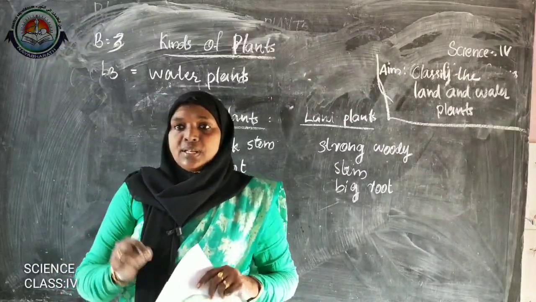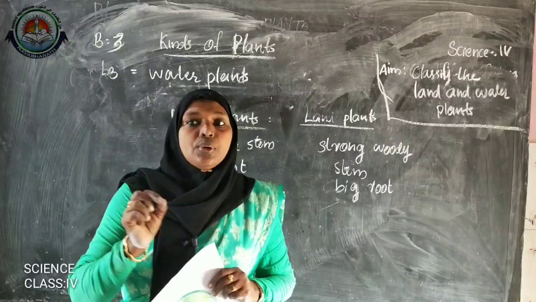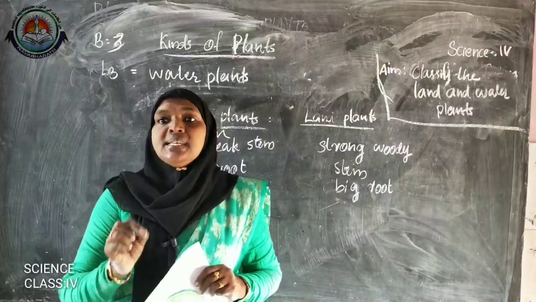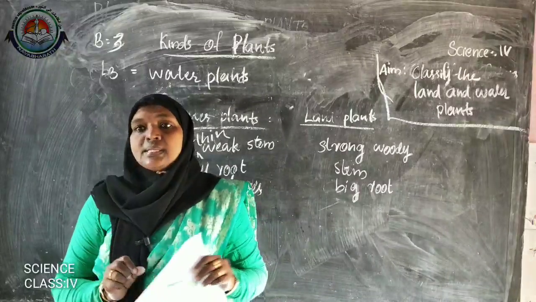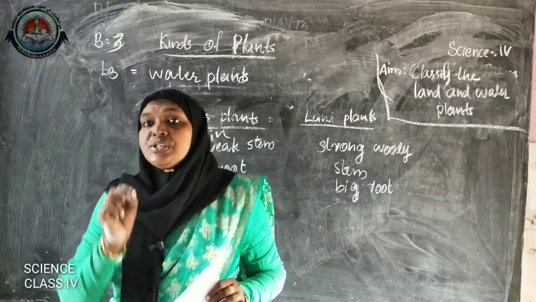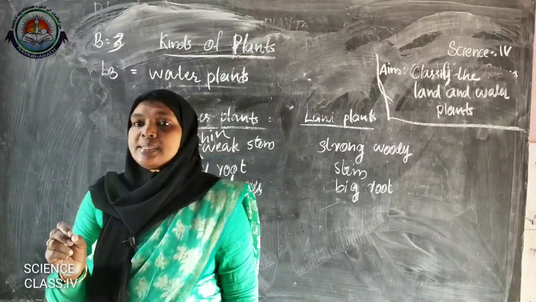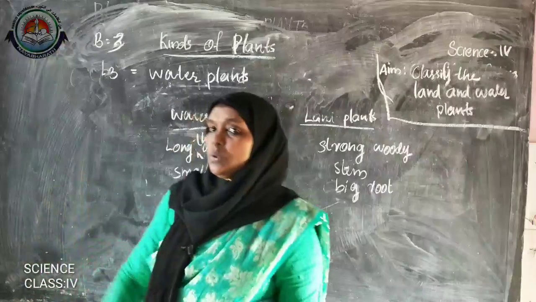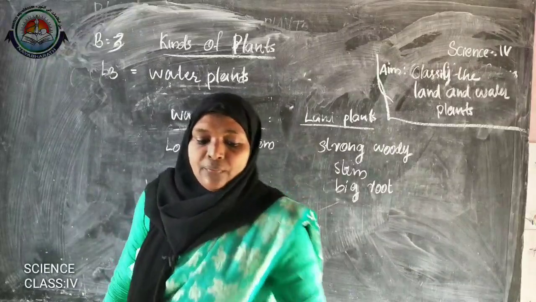This makes it light in water and helps the plant to stand easily in water. Okay. Its roots are small and do not go deep. Many water plants have air spaces in their leaves also. Clear?